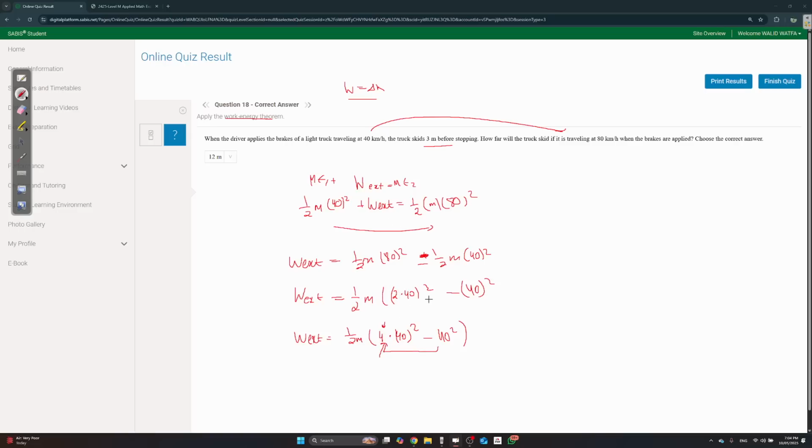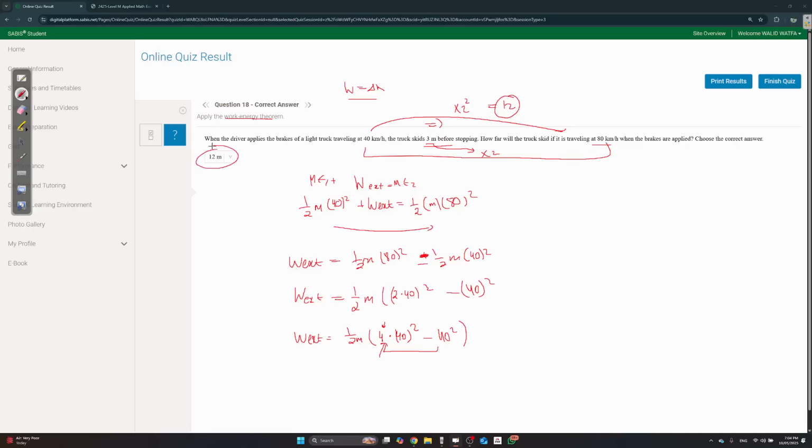I know what I'm saying may not make sense, but I did all of this so you can see that when you double the velocity, the kinetic energy is multiplied by 2 squared. So if it was 3, it's not going to become 6 because you doubled the velocity. No, it's going to be 3 times 2 squared, which is 12.